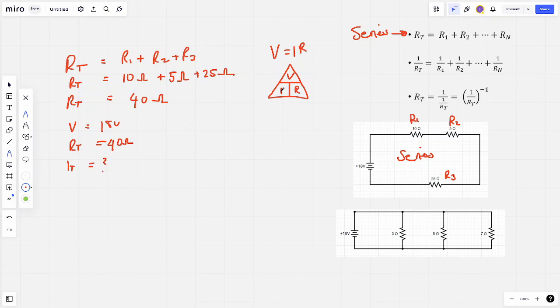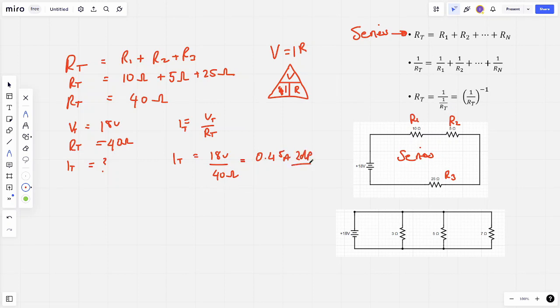Well, if we cover I up, this line means divide, so we've got V divided by R. So that gives you your I. So I is equal to total voltage divided by your total resistance, RT. So your total current in the circuit is equal to 18 volts divided by 40 ohms, and that gives you 0.45 amps to 2 dp.